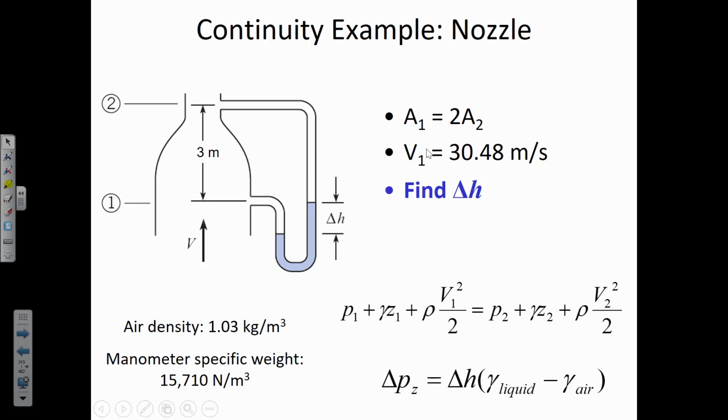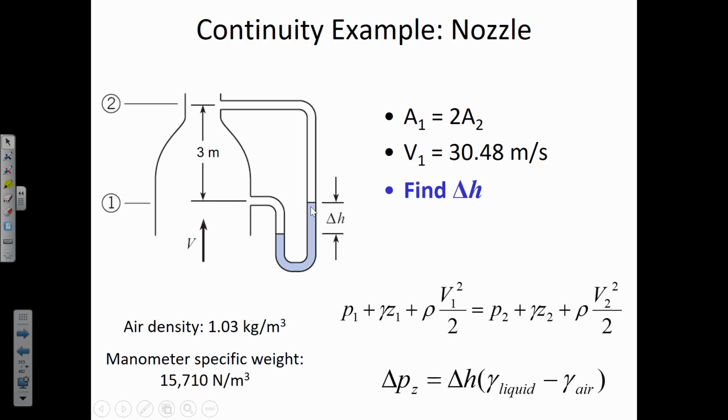So the continuity relationship is what tells us the relationship between the two velocities. And we can apply that to Bernoulli's equation to find out how the pressure is changing, and then apply that to the hydrostatic equation inside of that manometer to find out the deflection in the manometer.